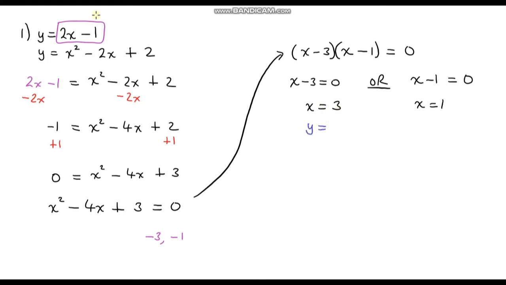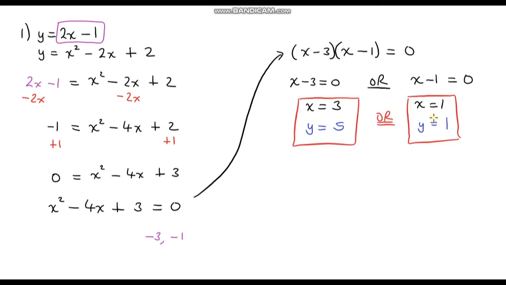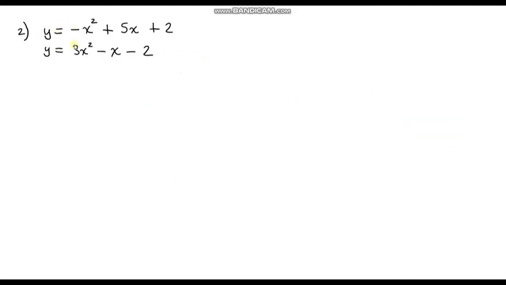When x equals 3, we're going to have 2 times 3 minus 1. Well, 2 times 3 is 6, 6 minus 1 is 5. And now when x equals 1, we're going to have 2 times 1, which is 2, and then minus 1, that gives us 1. So for this question, our two solutions are x equals 3 and y equals 5, or x equals 1 and y equals 1.